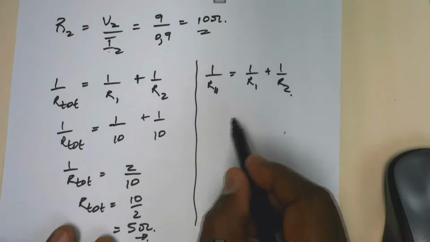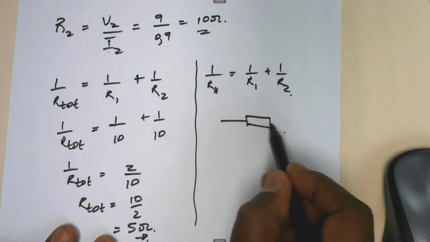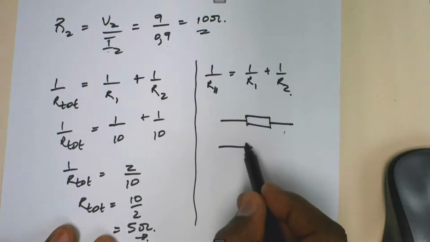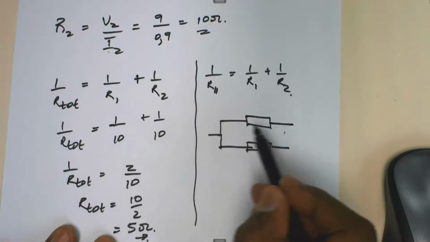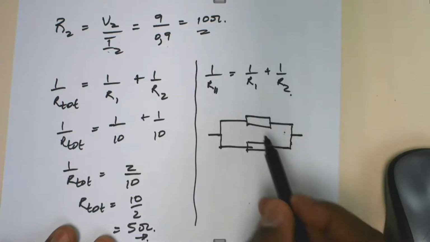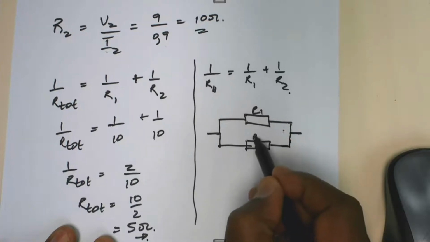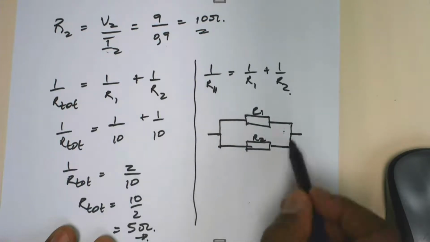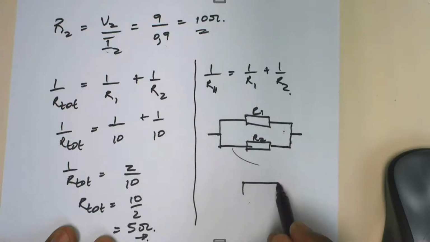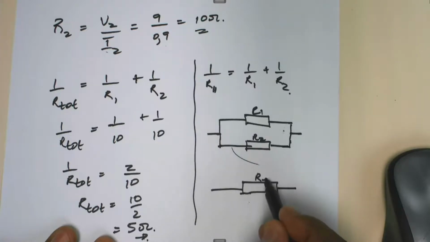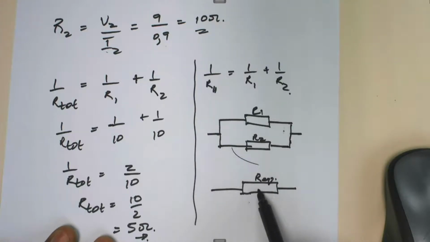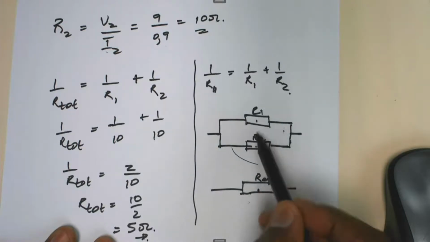We are saying that if you have two resistors connected in parallel, you can replace these two resistors with a single resistor, which you can say is R equivalent or R total. That resistor will have the same resistance as these two parallel resistors.